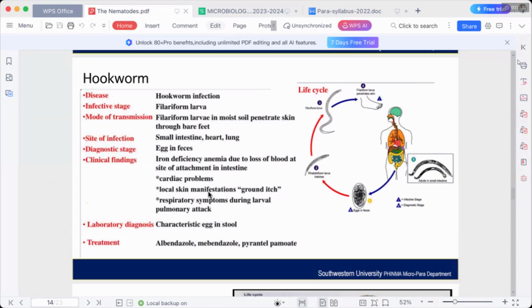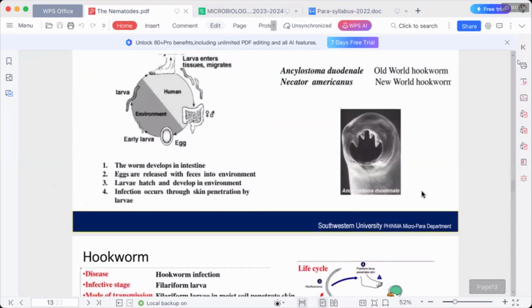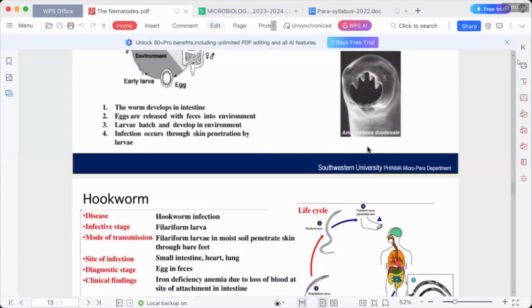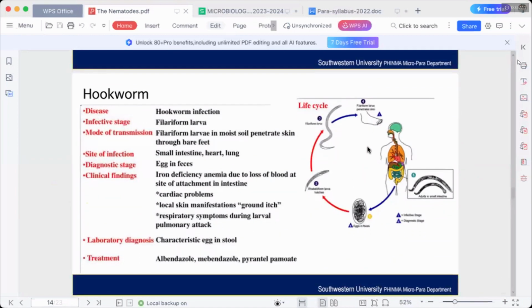The diagnostic stage is the eggs, which you can see under the microscope by direct fecal smear, same as ascaris and enterobius. Hookworms have teeth in their mouth, which is why they are called hookworms. The teeth penetrate your villi so they can stay there, unlike ascaris, which has no teeth and cannot stay long.